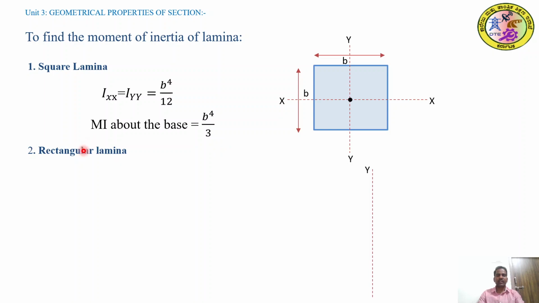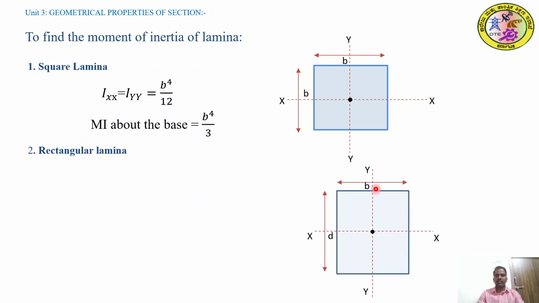Now let us consider the rectangular lamina. In a rectangular lamina, the width of the rectangle is b, so that is a small b, and the depth of the rectangle is d, and it is also symmetrical about xx as well as yy axis. To find out the moment of inertia about x axis in a rectangular lamina, it is b d cube divided by 12.